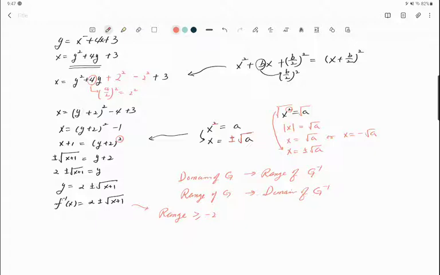Can you see it? So this y is the inverse one. The inverse function has to be greater than or equal to negative 2. So it's got to be 2 plus the square root of x plus 1.